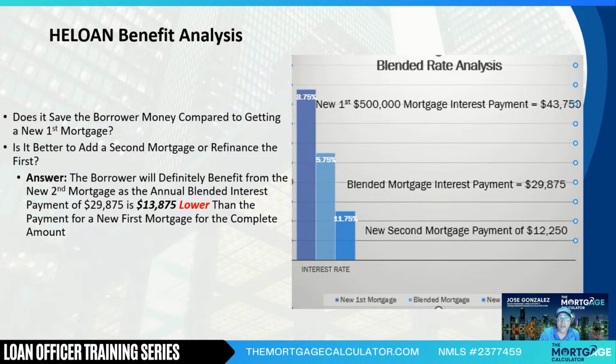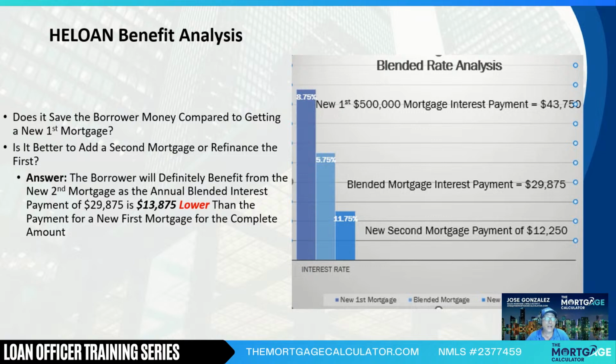The blended mortgage interest payment is $29,875. That's where you can see the $13,875 lower payment, lower combined payment on the two. So definitely the way to go.